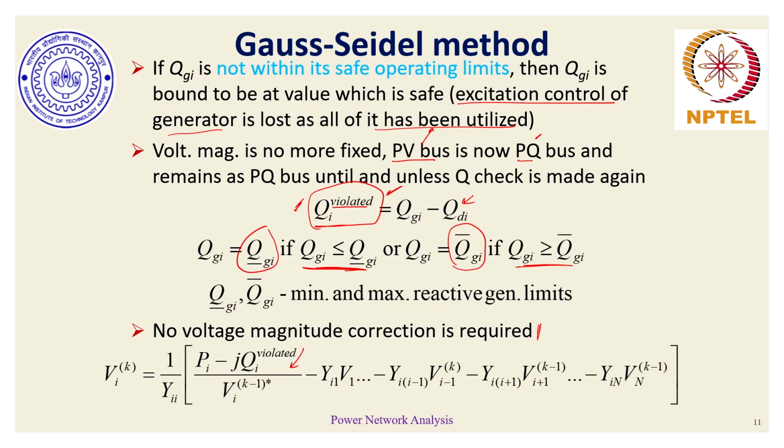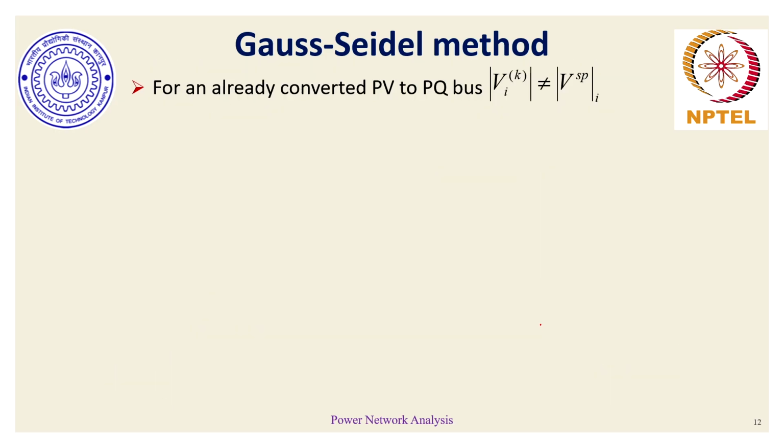Now, once the PV bus is converted to a PQ bus, it is not necessary that it should remain a PQ bus. We always have to check whether this converted PV to PQ bus can come back to PV status. For an already converted bus, the conversion can only come back when the bus has regained its capability of maintaining the terminal voltage via reactive power control or excitation control.